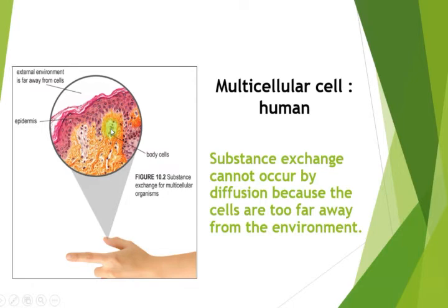The distance of the body cells from the environment is too far, so the oxygen cannot move by diffusion from the external environment into our body cells. It cannot be transported by simple diffusion. That refers to the multicellular organism.